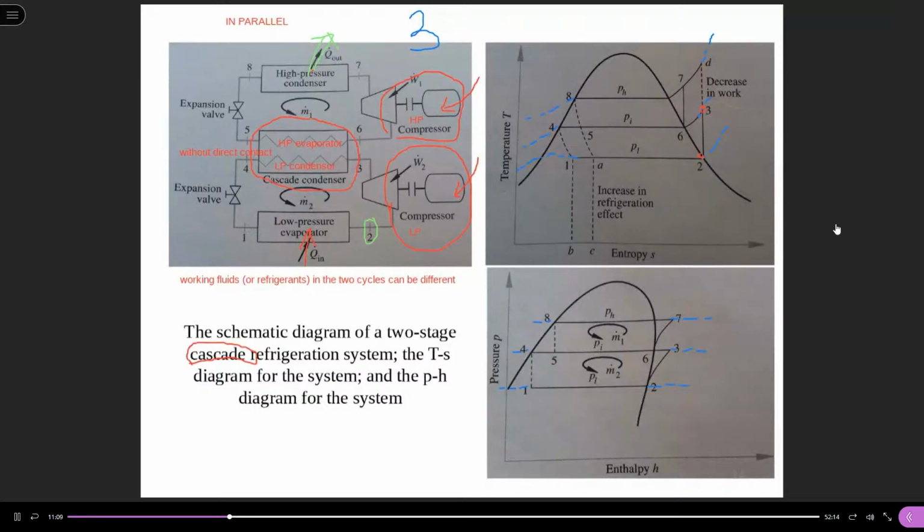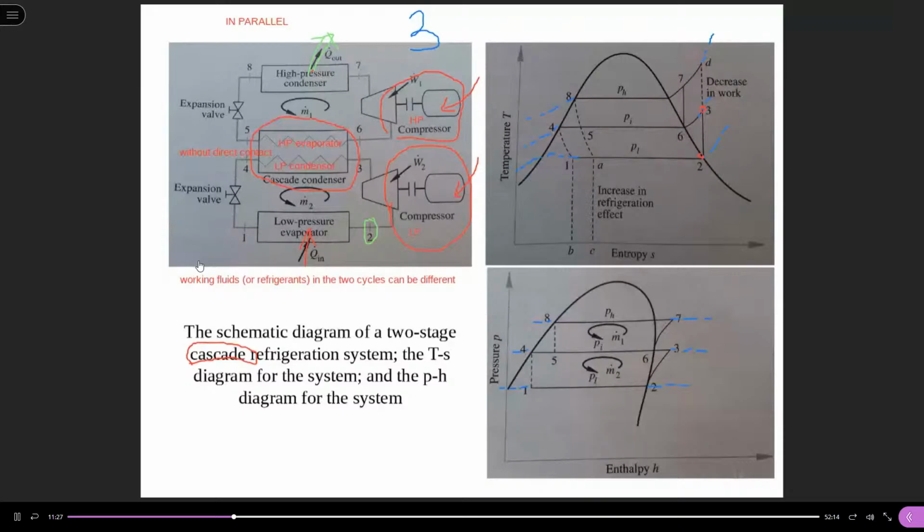State 3 shall be on the intermediate pressure curve line. Then we don't know how to draw it because we found the Cascade condenser.